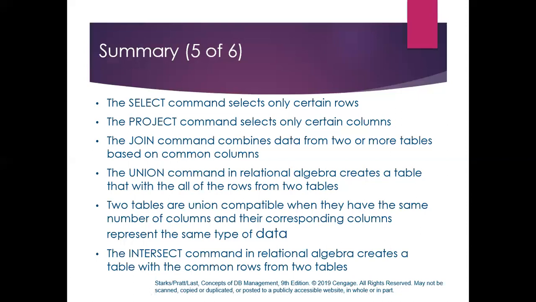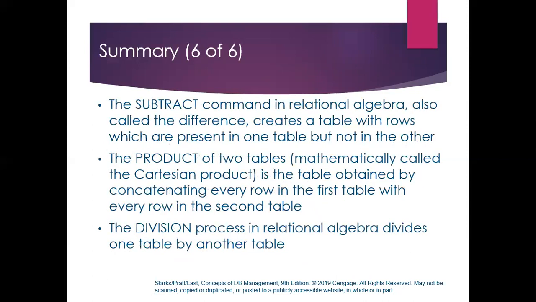The intersect command in relational algebra creates a table with the common rows from two tables. The subtract command, also called the difference, creates a table with rows which are present in one table but not in the other.